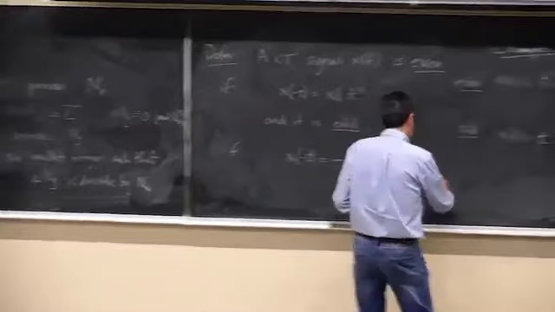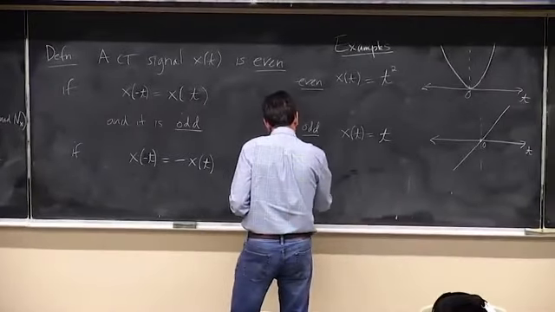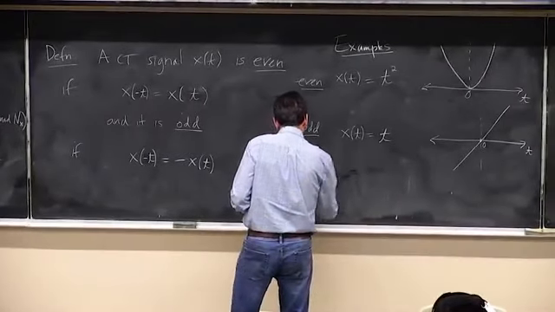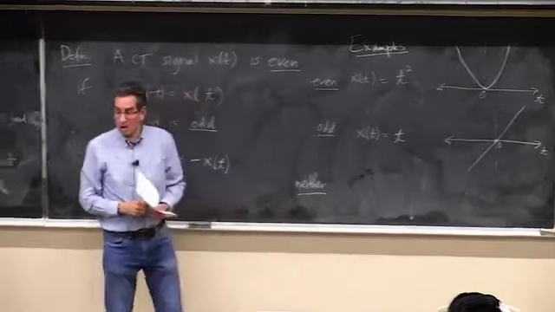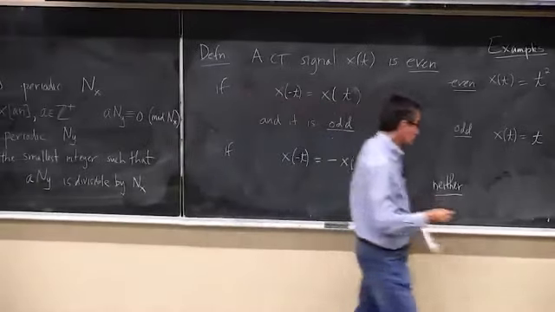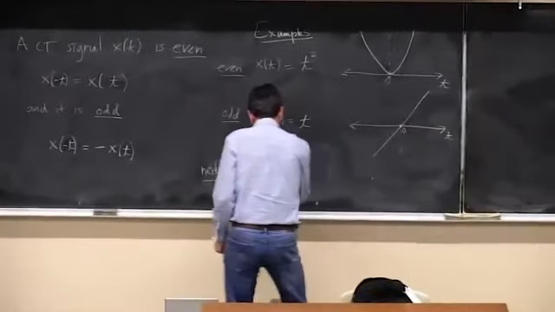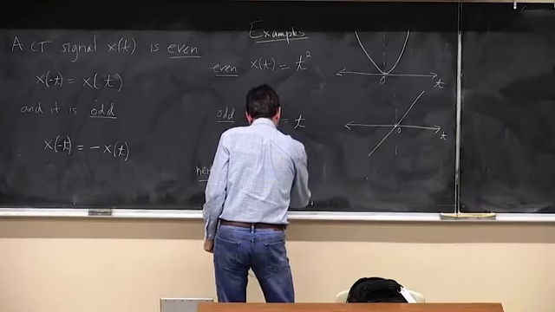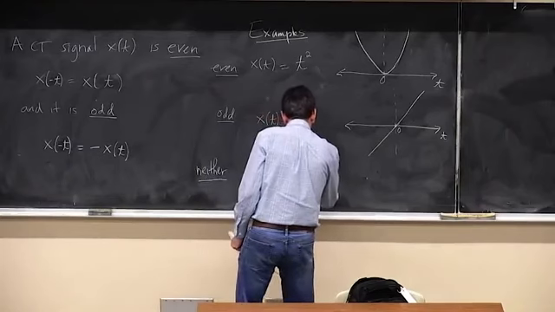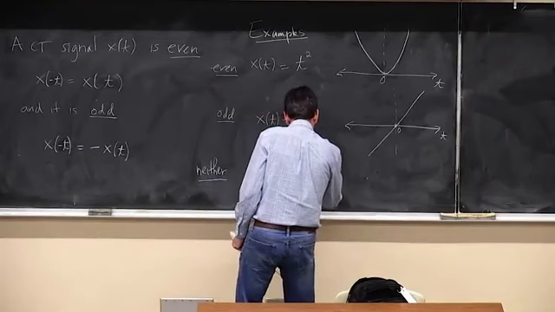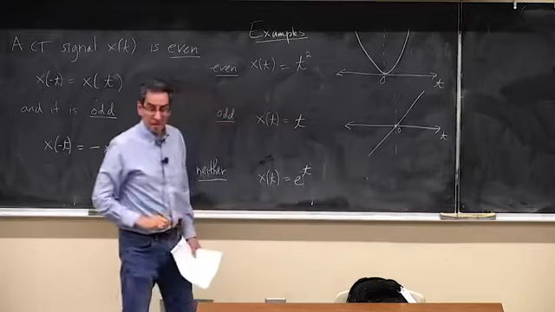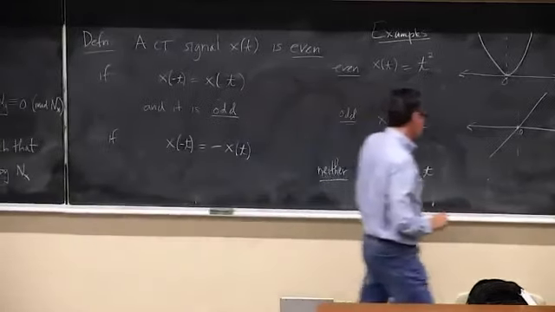And then, of course, there are signals that are neither even nor odd, lots of them. One example might be an exponential, x of t equals e to the t.